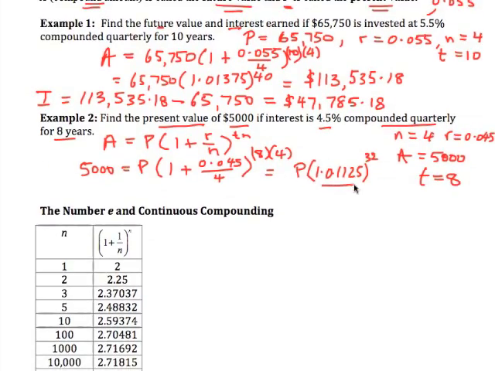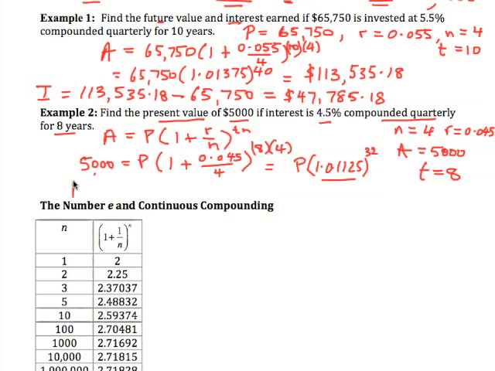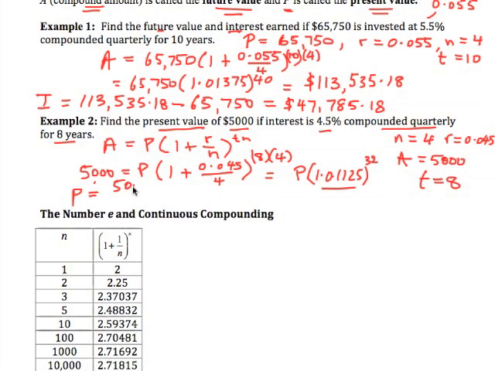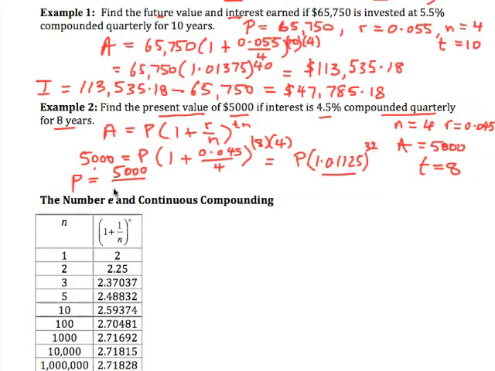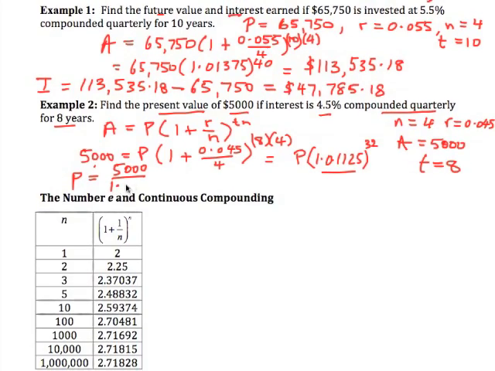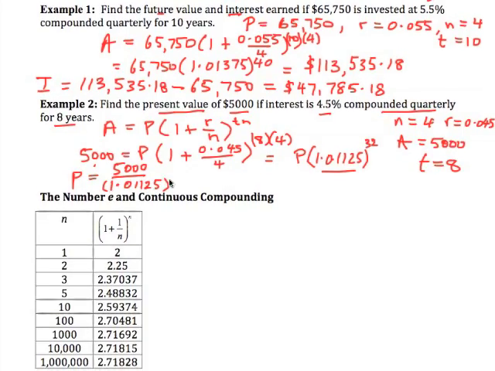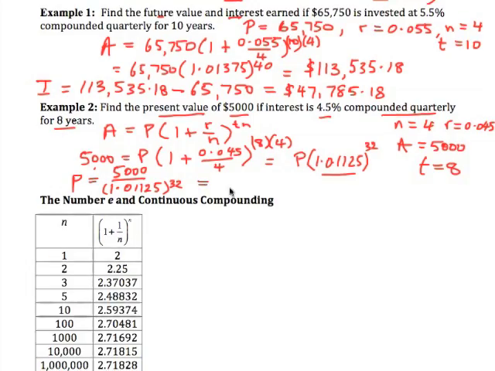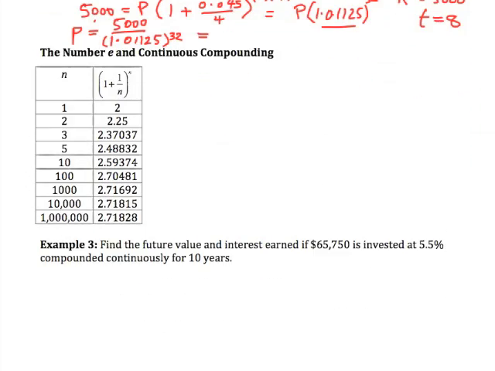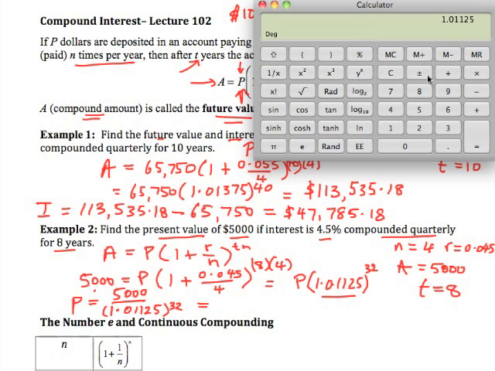So if I now take this value here and divide it into 5,000, let's have a look and see what we get when we do that. So we've got this, we're going to raise this to the power of 32, which is this. Now we need to invert that and multiply it by 5,000.